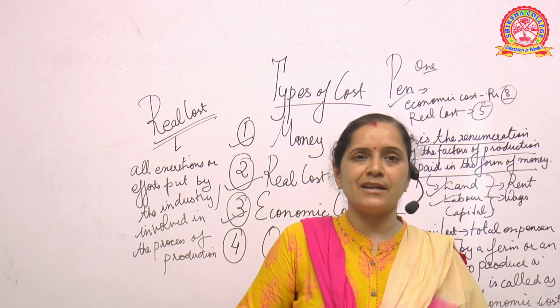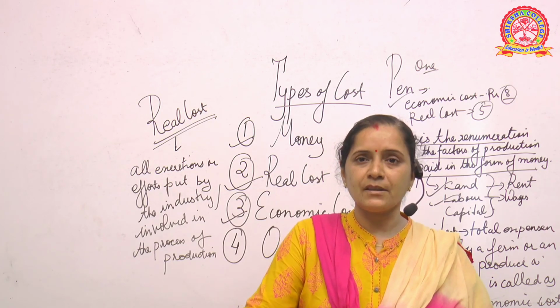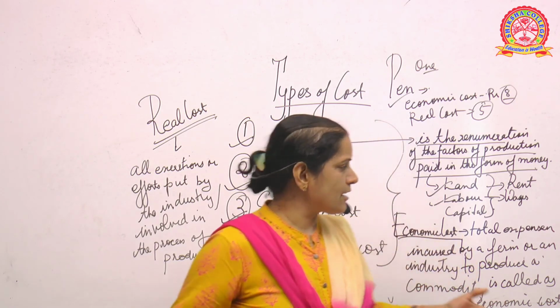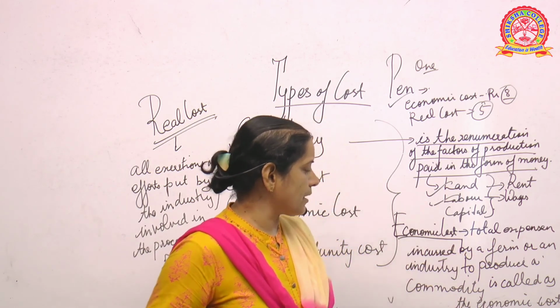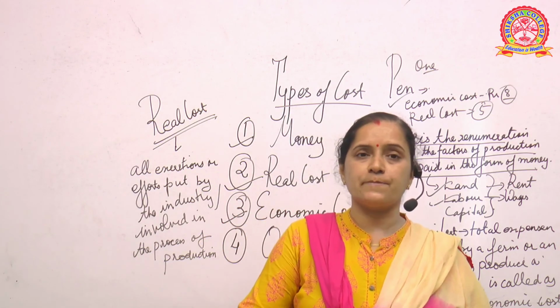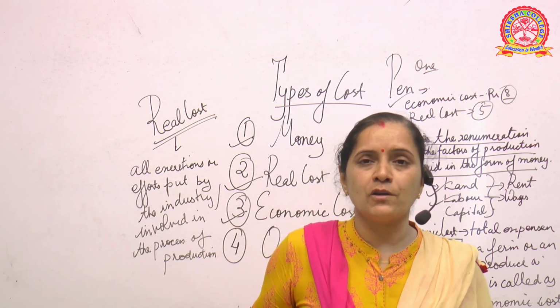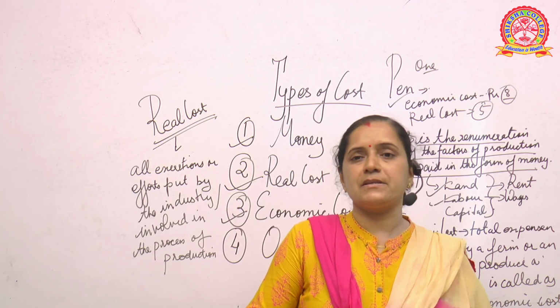Then we try to understand what economic cost is. Economic cost is the total expenses incurred by the firm or industry to produce a commodity. Total expenses may include other expenses also.